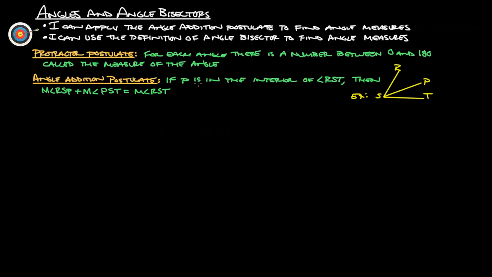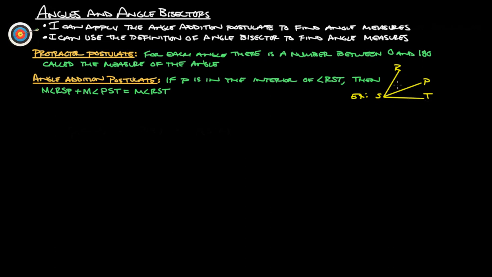Next thing, angle addition postulate: if P is in the interior of angle RST, then the measure of angle RSP plus PST has to equal angle RST. So basically, if you take this angle here and add that angle there, it equals this whole angle.